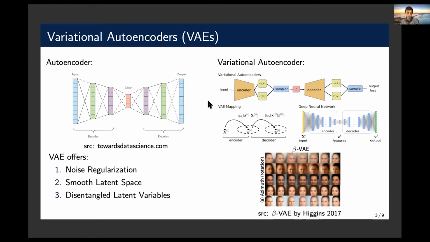Some of the benefits of VAE is, since we're mapping to probability distributions, it's going to give some noise regularization. Since there's going to be some variance in where the input is exactly mapped to in the latent space, it's going to enforce smooth dependence of the latent variables on the input, and similarly a smooth dependence of the output of the decoder on the latent space.